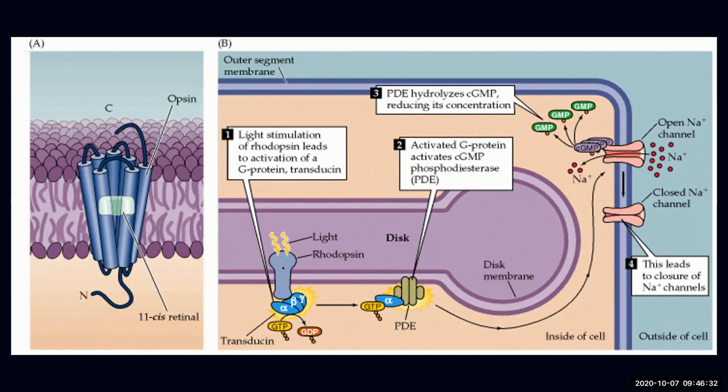It's going to cause it to split with the opsin. When that happens, we get a second messenger system that's activated. Again, we know the details of this in great detail. That is going to result in the closing of the sodium channels that are normally open. That means sodium can't flow in anymore, and that is ultimately going to lead to a hyperpolarization.